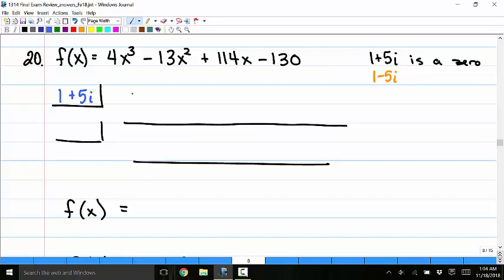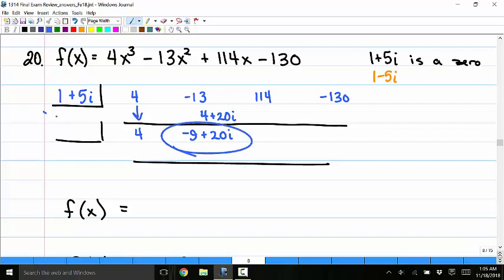And I want to do synthetic division. So I have 4, negative 13, 114, and negative 130. I bring down the 4. Now I do 4 times 1 plus 5i, and that gives me 4 plus 20i. When I do the addition, negative 13 plus 4 plus 20i, I get negative 9 plus 20i.